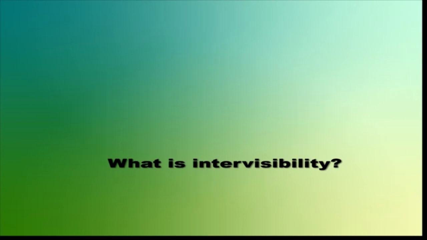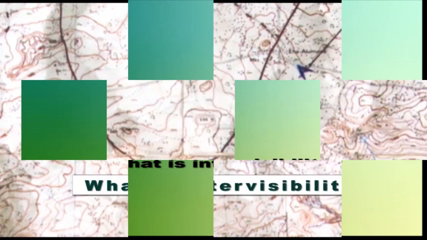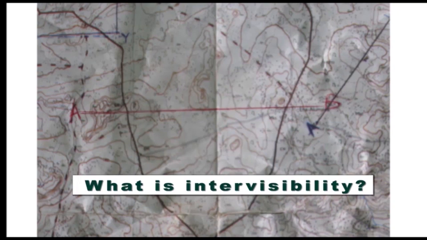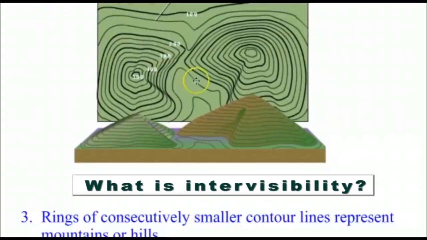Intervisibility is used to show all the points in an area or on the map that are visible to one another. So if you are on top of a mountain and you are looking at another mountain, somebody on that mountain can see you and you can see that person. Then if you have a 3-point ridge, the 3-point ridge should be visible to one another.